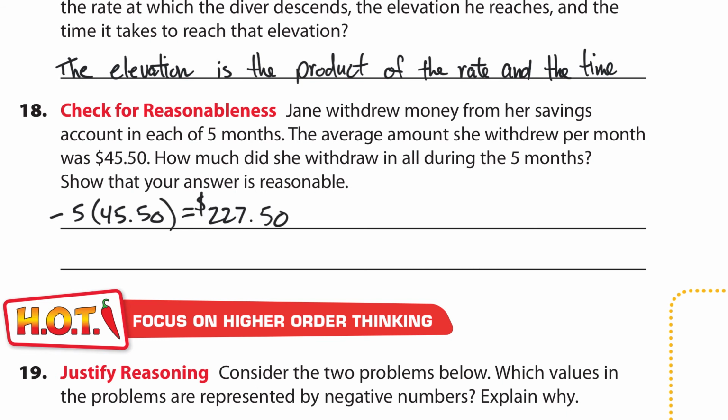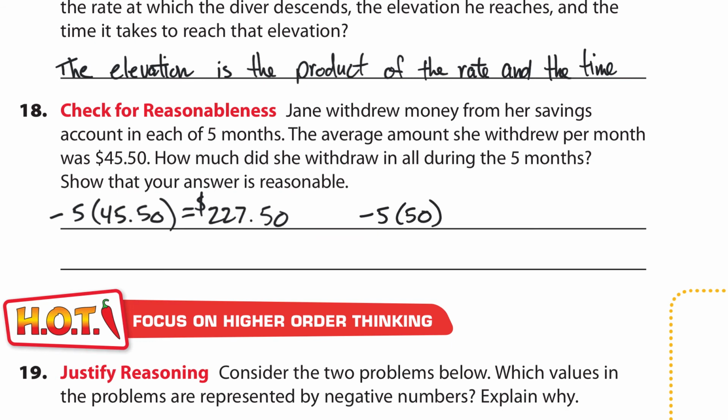So how do we know this is reasonable? Well, instead of 5 times 45.50, it could be negative 5 times 50.